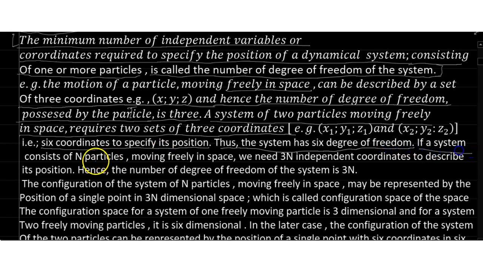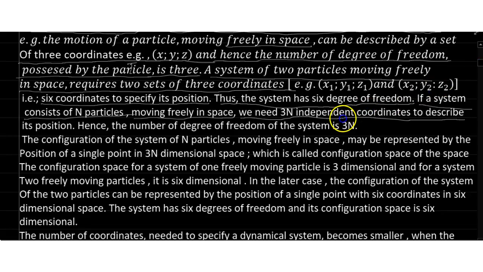If a system consists of n particles moving freely in space, we need 3n independent coordinates to describe its position.